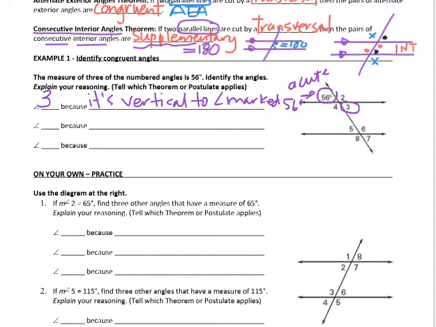The next one that I see that I can relate to angle 3 is this one. Remember, these are inside the parallel lines, 3 and 5 are, and they're on opposite sides of the transversal. So angle 5, because it's alternate interior angles with angle 3.